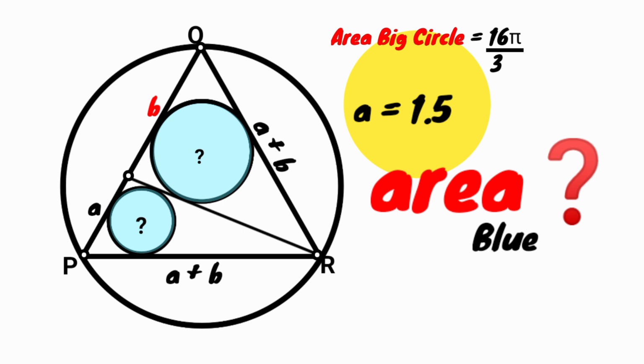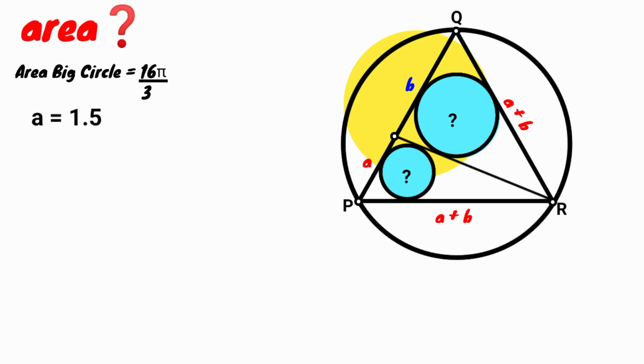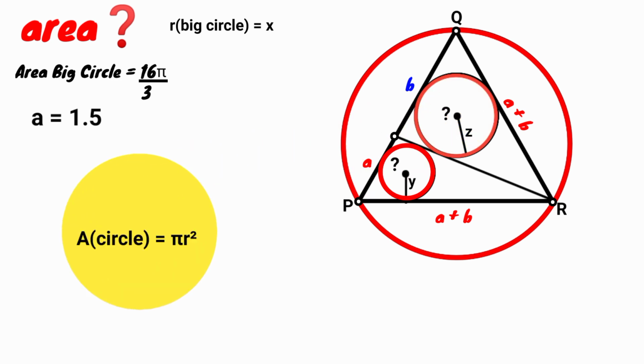So how can we solve this? How can we calculate the area of these blue circles? Since we are dealing with three distinct circles, each circle is gonna have its unique radius. So we let radius of big circle be x, that of this circle be y, and this z. The formula for calculating the area of a circle is pi r squared.